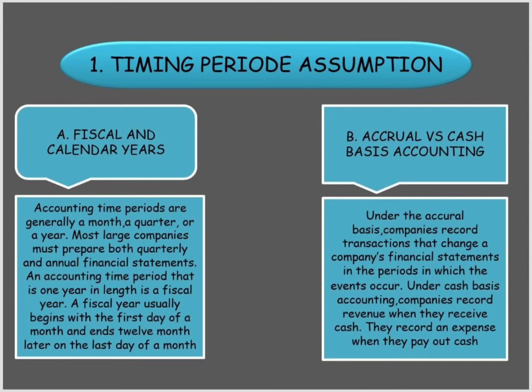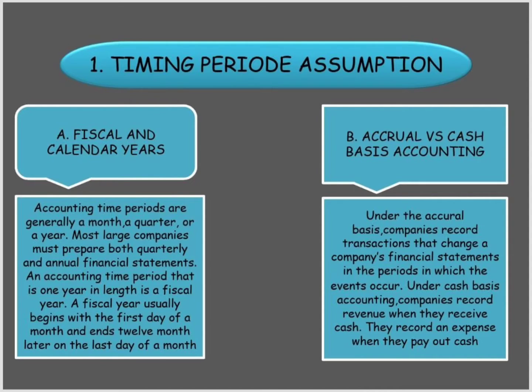B. Accrual versus cash basis accounting. What you will learn in this chapter is accrual basis accounting. Under the accrual basis, companies record transactions in a company's financial statements in the periods in which the events occur.